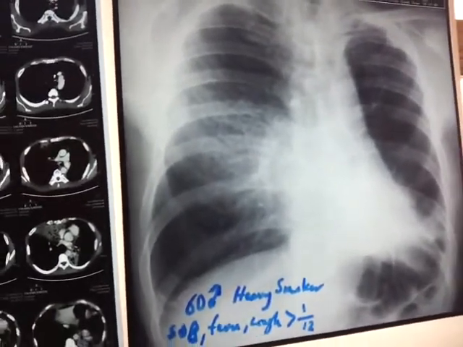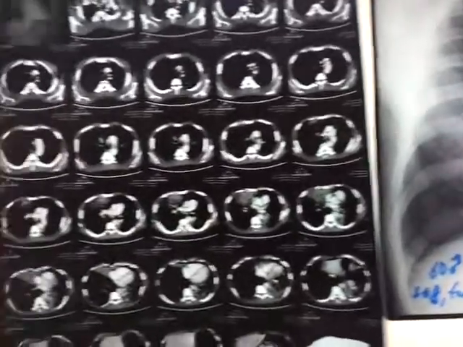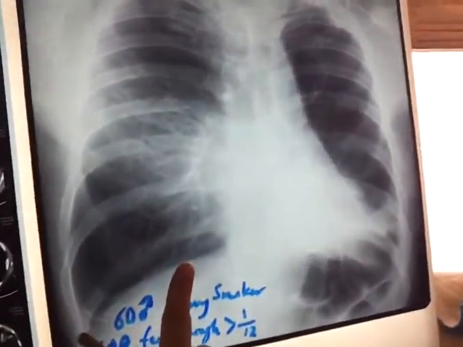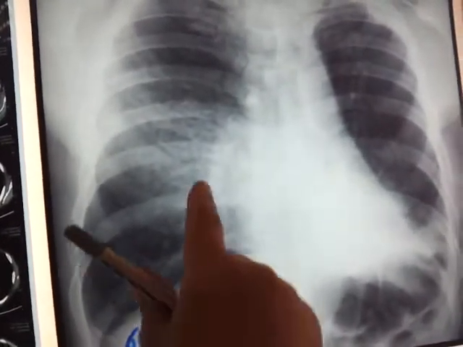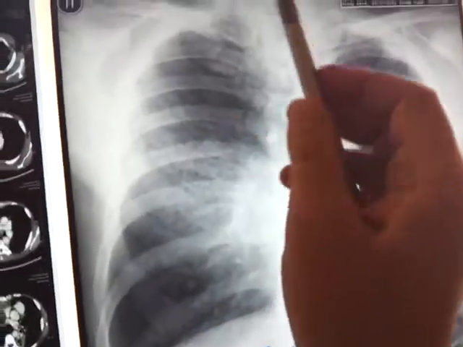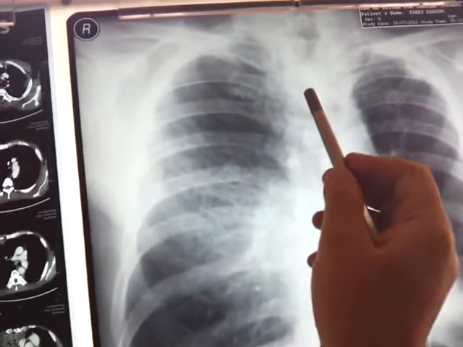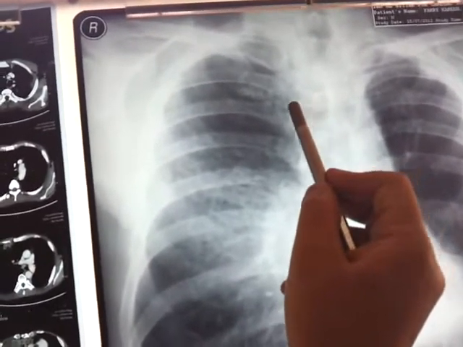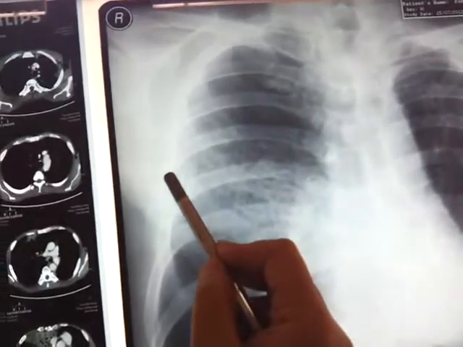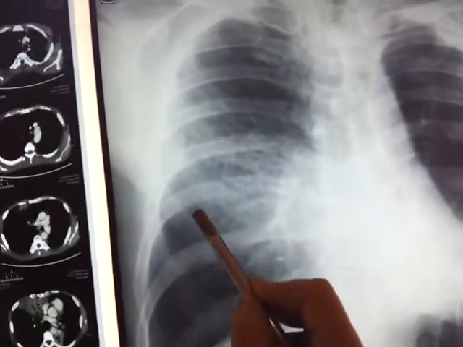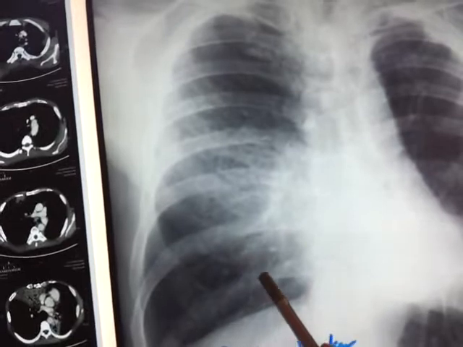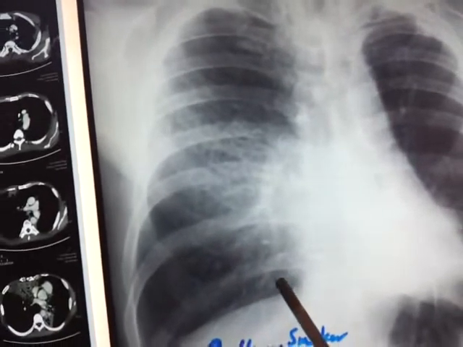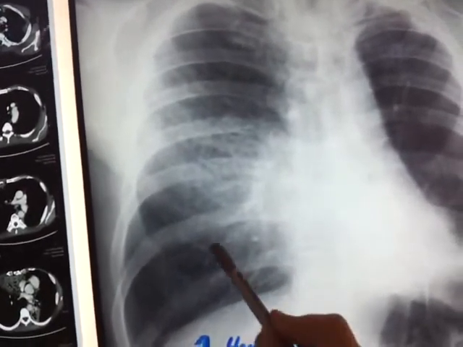Anatomy of the lung. How we define the lobes in the PA view. We draw an imaginary line from D4, this is D4, right away to the axilla, then we bring it back to the lower part of the chest, hitting the diaphragm medially.